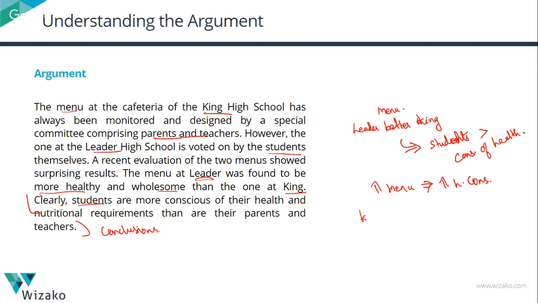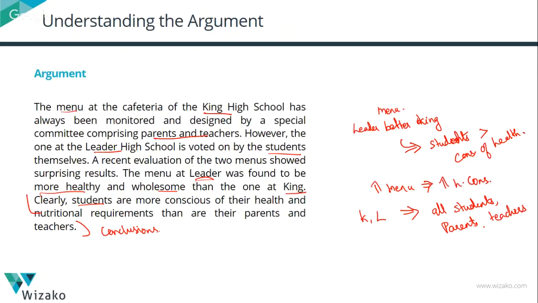We are saying that if this is what is true in King and Leader, if in these two schools put together the students seem to be more conscious of their health requirements, then that must imply that for all students and parents and teachers, this is true. Everywhere in general, students are better than parents and teachers, about health consciousness specifically, right?